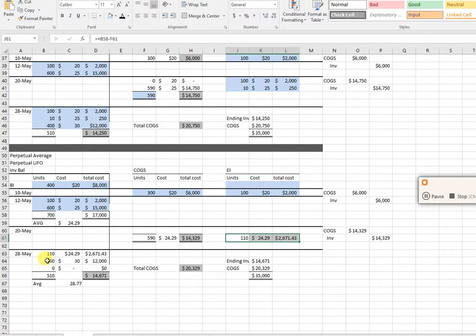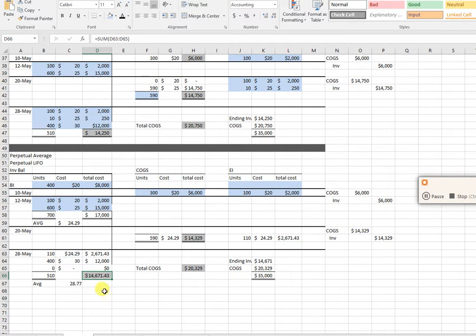And I purchased an additional 400 at 30. Every time I make a purchase, I have to compute a new average cost. I have 14,671. I think I ditched my decimal points. Rounding is not necessarily incredibly important here.